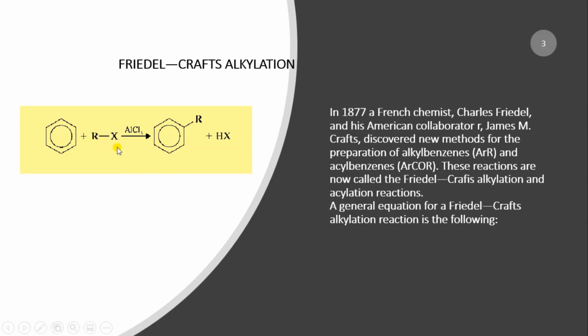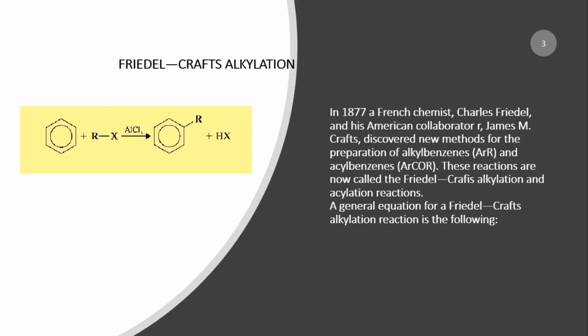This happens in the presence of the Lewis acid, and I already told you about the function of the Lewis acid in these conditions. Lewis acid is going to polarize this RX bond. It is already a little polarized, but in order to make it more polarized, it is being treated with the Lewis acid.